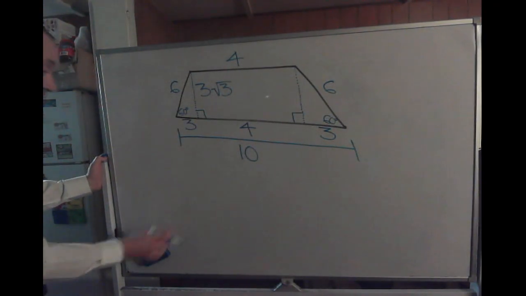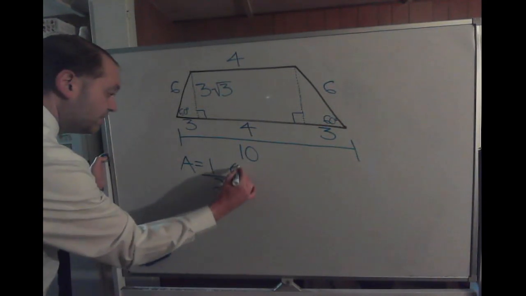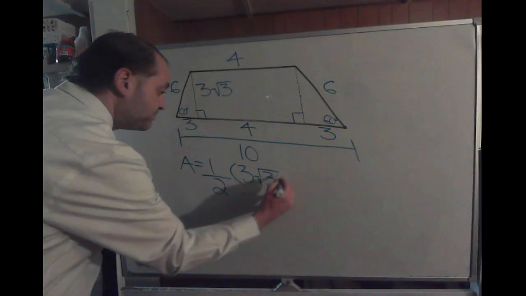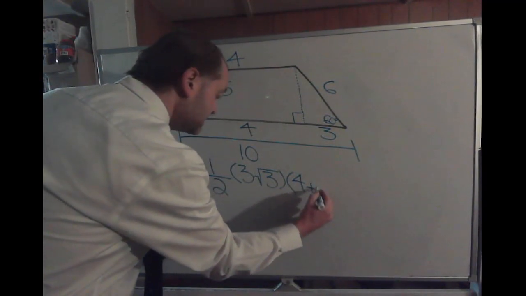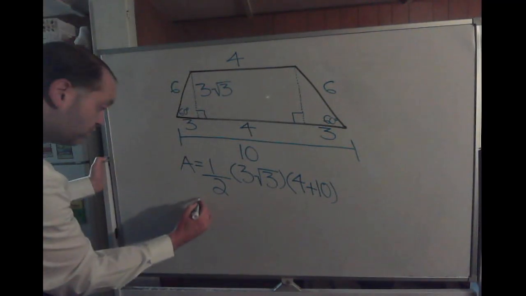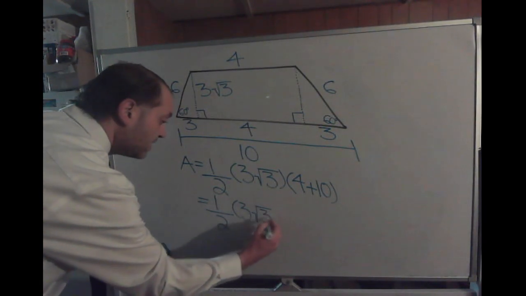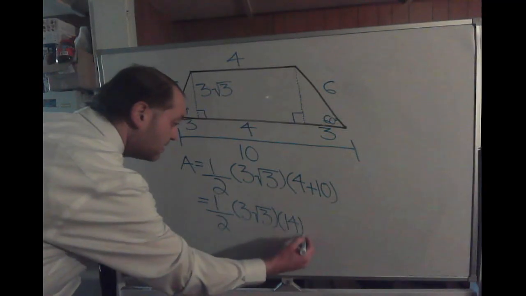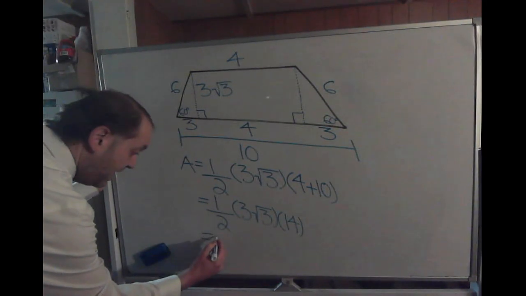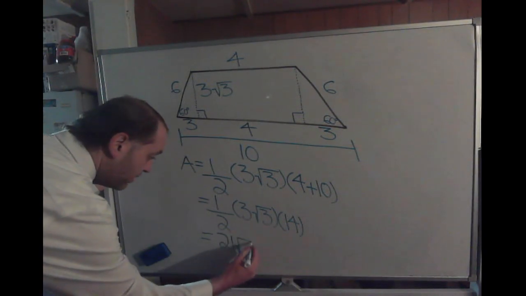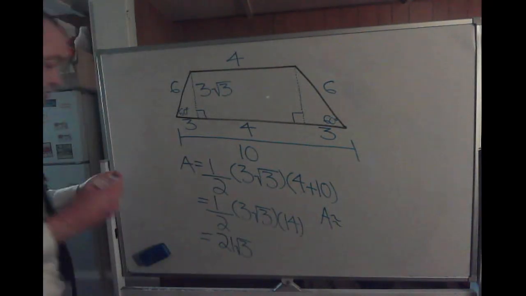Now we can proceed to find the area. The area is equal to 1/2 of the height, which would be 3 times the square root of 3, times the sum of your two bases, which would be 4 plus 10, which would turn into half of 3 times the square root of 3 times 14. Well, half of 14 is 7, so that means the area would be exactly 21 times the square root of 3, which we're going to look for a decimal approximation to 1 decimal place.